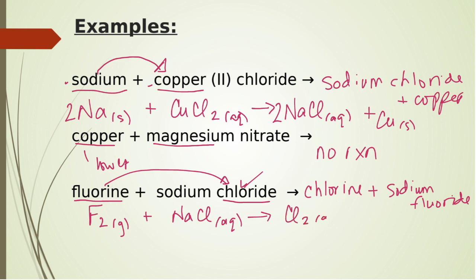It's a diatomic, it's a gas. And then sodium fluoride, both of those ions have charges of 1, and they'll still be sitting in solution. Let's balance it. So we need a 2 in front of sodium chloride, and then I need a 2 in front of sodium fluoride, which also balances my fluorines.